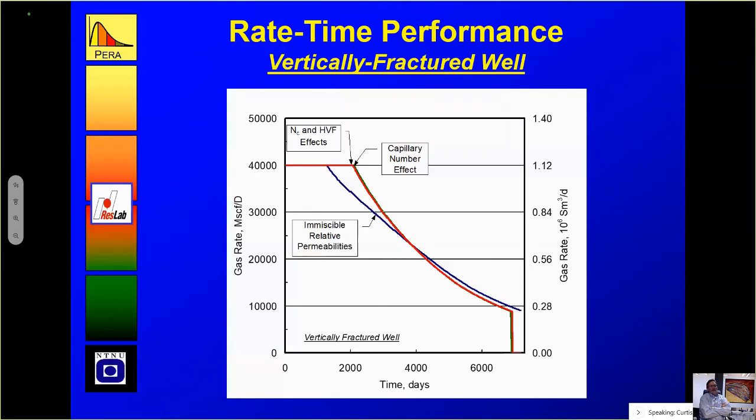What I would say is that the most effective, certainly the most cost-effective, if not the most technically effective way to minimize condensate blockage where it's a problem is hydraulic fracture, hands down.